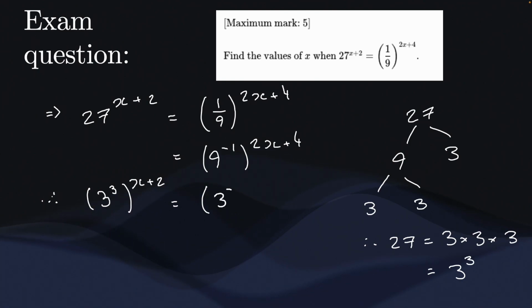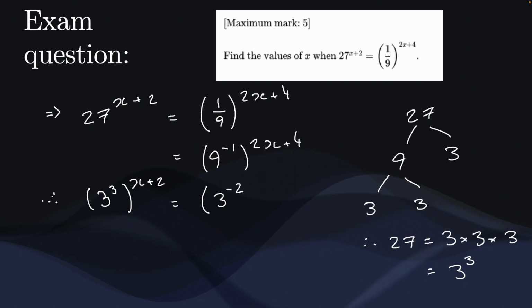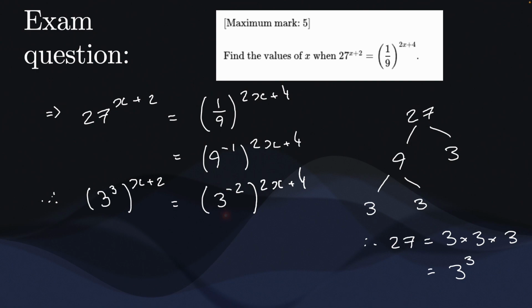to the power of negative 2, because if you have 3 squared to the power of negative 1, that's equal to 3 to the power of negative 2. So therefore, 3 to the power of negative 2, and then again to the power of x plus 4. And now, what's great is that we have bases of 3 on both sides.